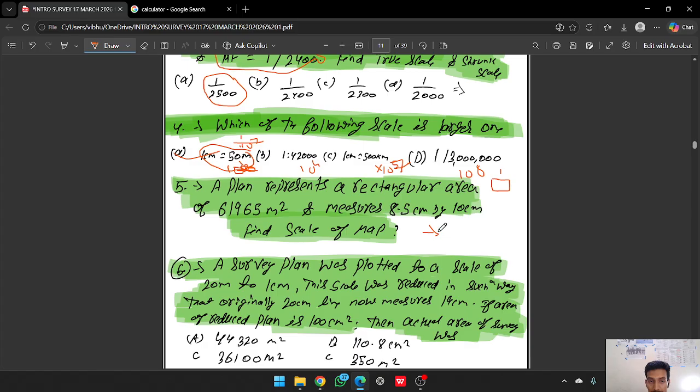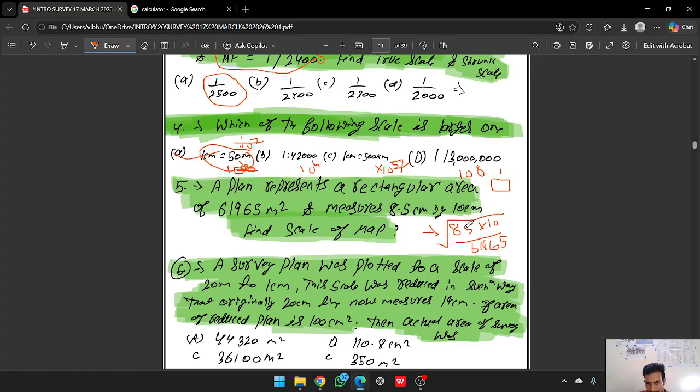We have to divide. If there is an area, then we definitely have to take a square root. 8.5 into 10, then we divide by 61965.